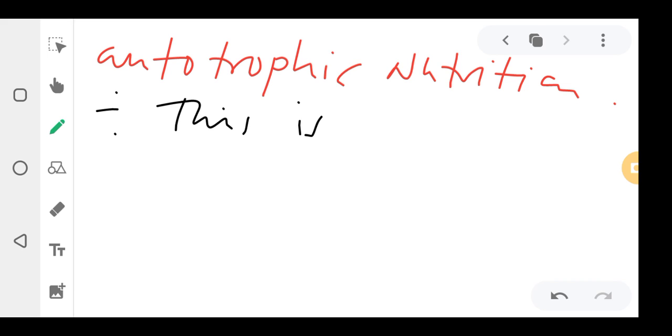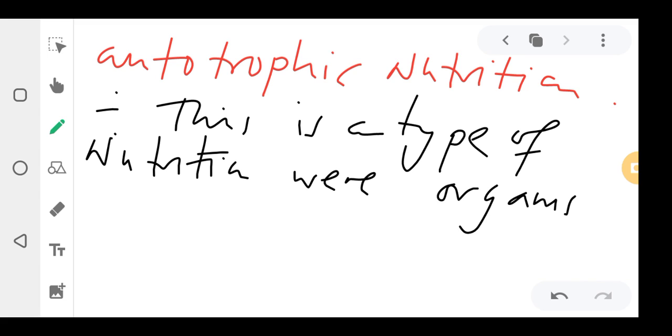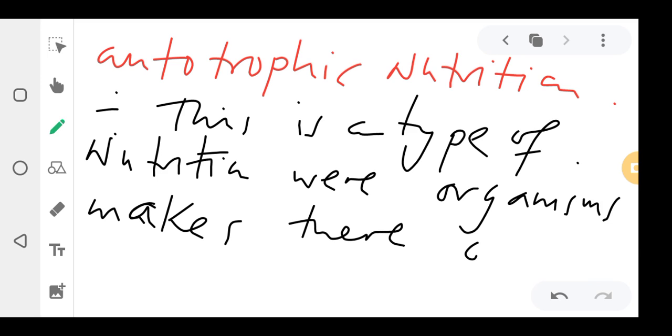This is a type of nutrition where organisms make their own food. Makes their own food. Okay?